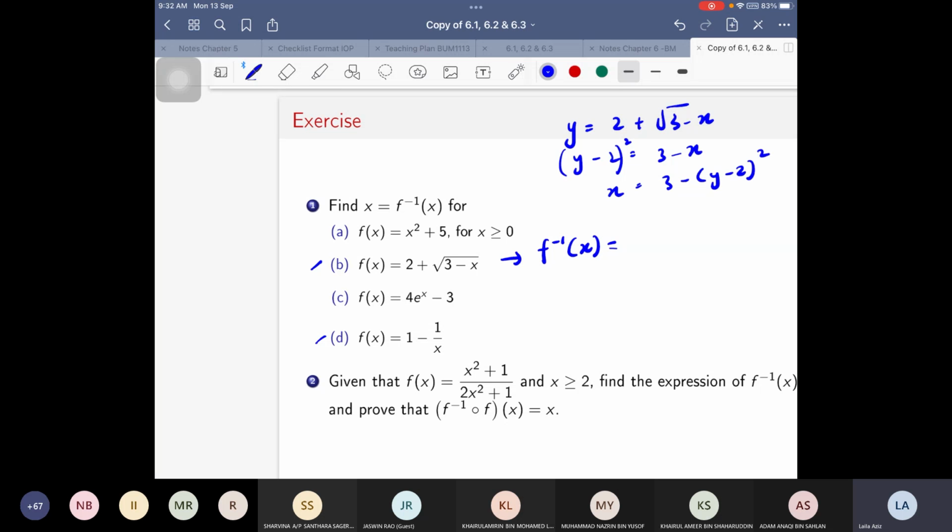So this is how it looks like. Okay. Dan bila tukar jadi X, dia akan jadi 3 tolak X tolak 2 square lah. Dan kalau you expand ni, dia akan jadi 3 tolak X square tolak 4X tambah 4. So this is going to be negative X square. So tambah 4X. So 3 tolak 4 is going to be negative of 1. So ni jawapan dia.